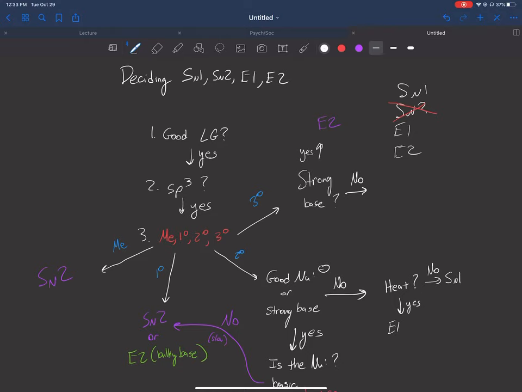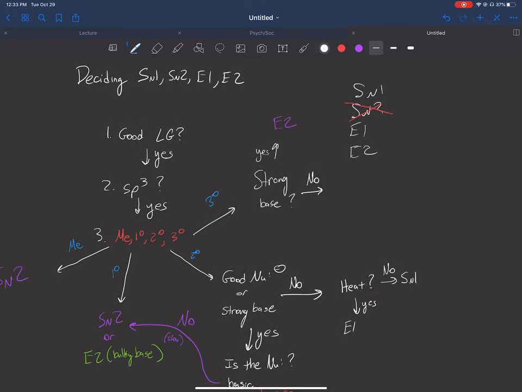What if you said no, right? Well, now again, that means we have something weak. So H2O, methanol, anything that's not charged. Cl minus, right? Because remember, we're talking about strong base. Cl minus is not a strong base. And it doesn't matter if it's a good nucleophile in this case, because we're not doing SN2, right?